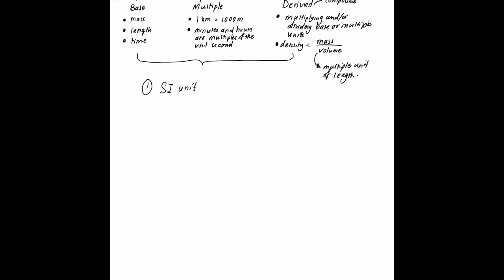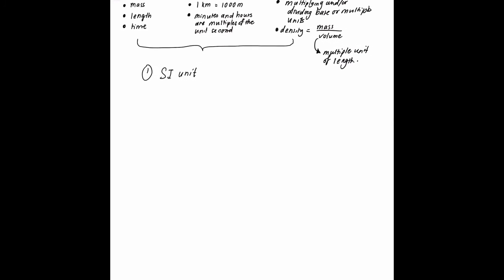It is an internationally accepted system of units which comprises base units such as meter for length, kg for mass, second for time, Kelvin for temperature, ampere for electric current, and candela for luminous intensity.